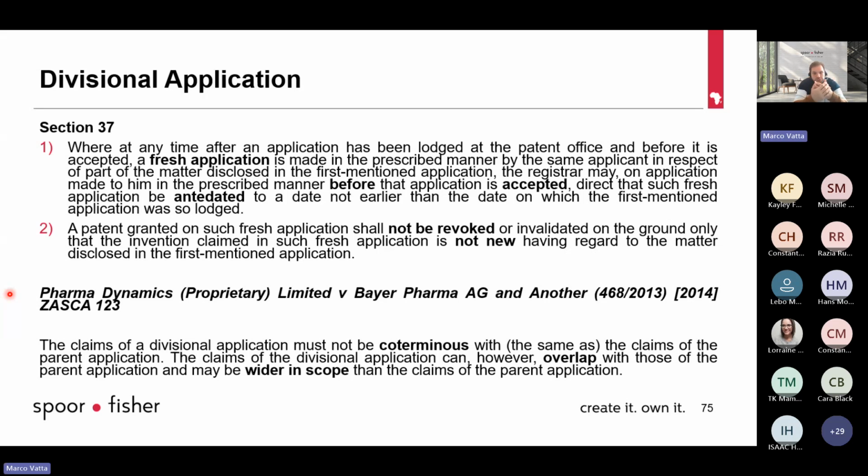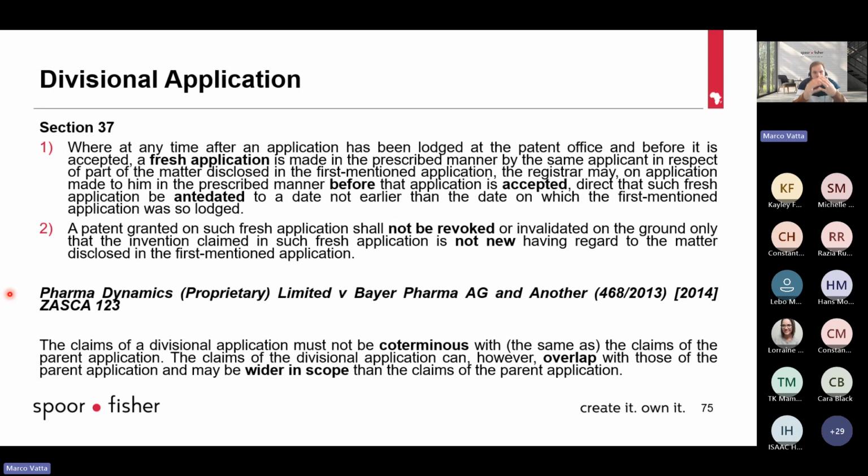And there are often objections raised in examining jurisdictions where there's a unity of invention objection. And that is where the specification discloses more than one invention, or the applicant is claiming more than one invention.